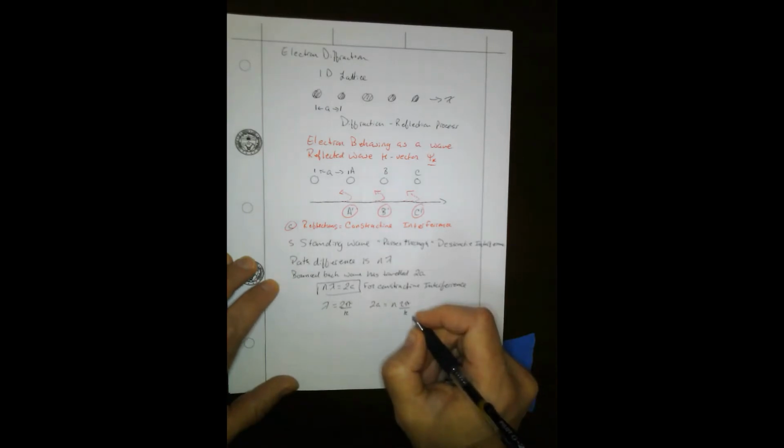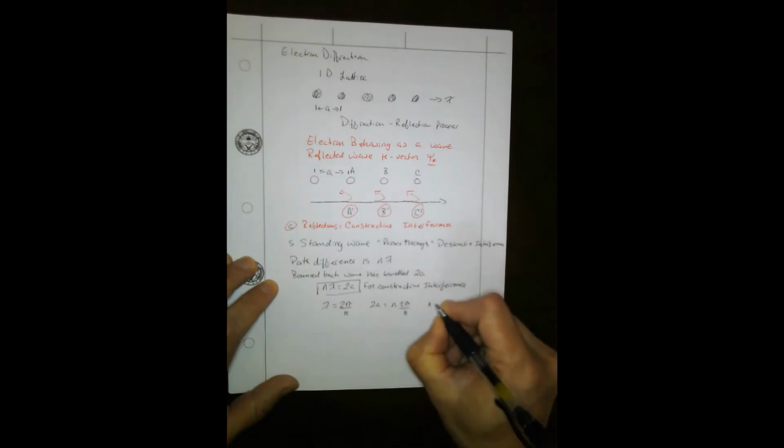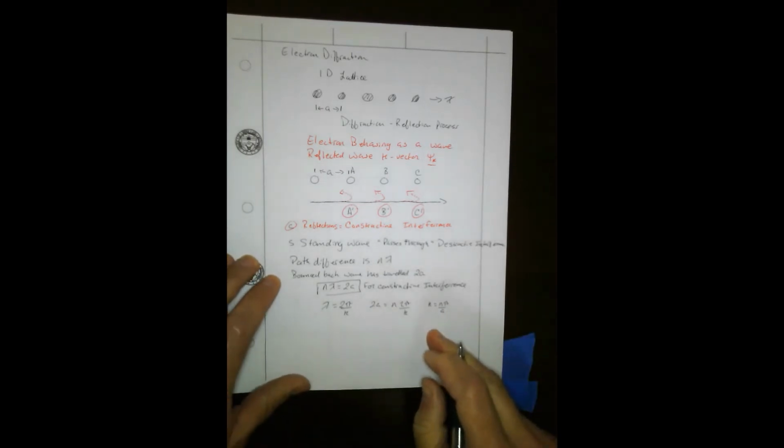So k equals n pi over a. We saw this when we talked about Schrodinger's equation and the electron dispersion function. And again, I'm very sorry this is so blurry. I will include it anyway, but I need to put a better cartoon for you all to see. This is pi.